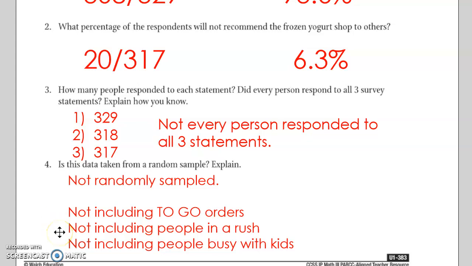Or what about people that are in a rush, like me, someone who has 2 kids, and if they're distracted, then I probably don't have time to complete the survey. So just some things you want to think about throughout this unit 1. What are some things we could question?